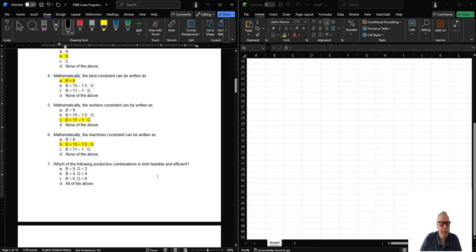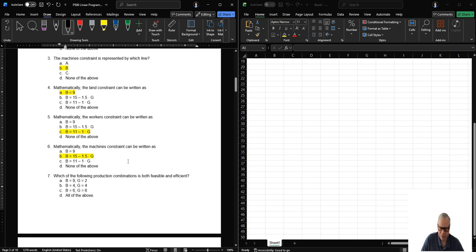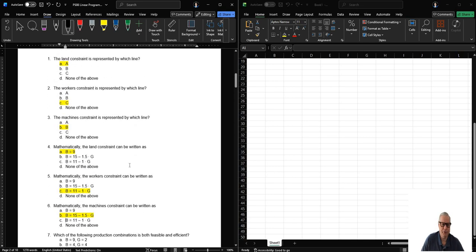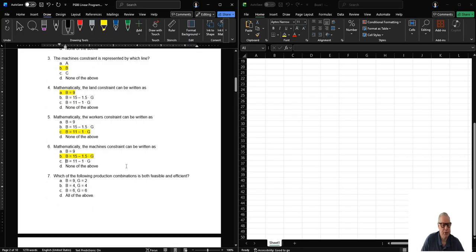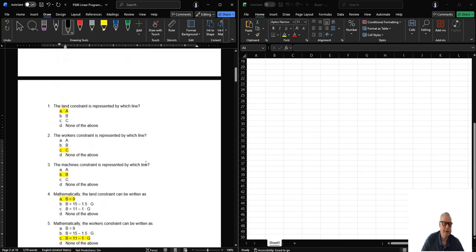Which of the following production combinations is both feasible and efficient? And again, something that's feasible is either inside or on the frontier of the area of feasible production. And if it is efficient, it is on the frontier of the feasible production. So we have 9 and 2, for example.